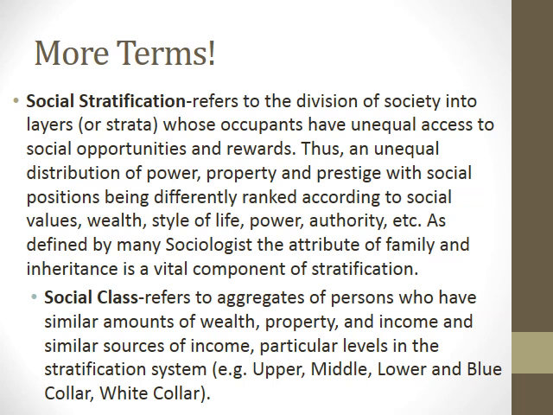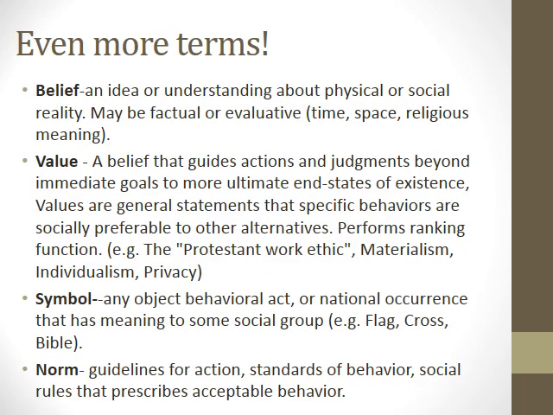So for example, the upper social class would be the wealthiest Americans, and then the middle class, the lower class, and other things like that. There's also the idea of blue collar and white collar, depending on what jobs you work. But the idea is that there are social classes, and these social classes are not equal, which means there is social stratification.